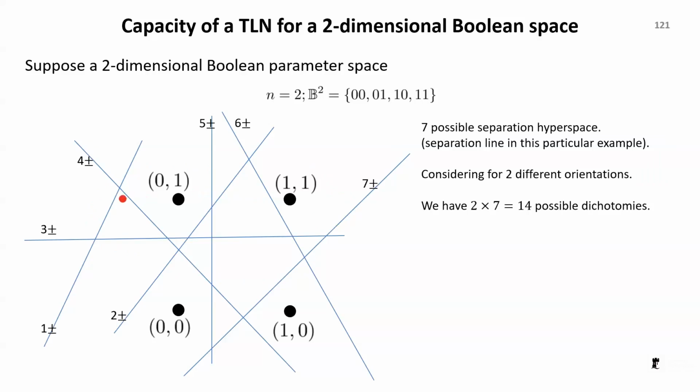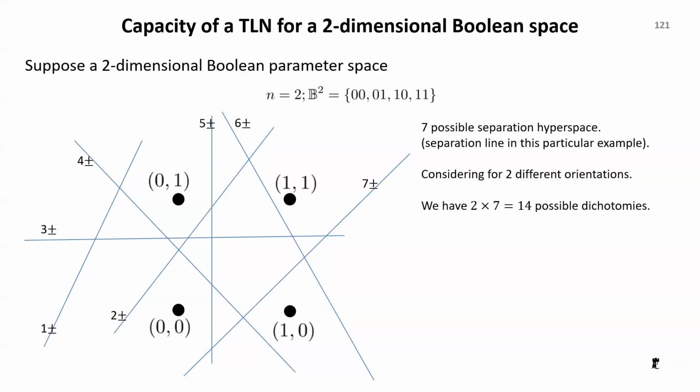Meaning, because each line has 2 sides or 2 different orientations, one perceptron in a 2-dimensional problem with 4 points can have 14 capacities.